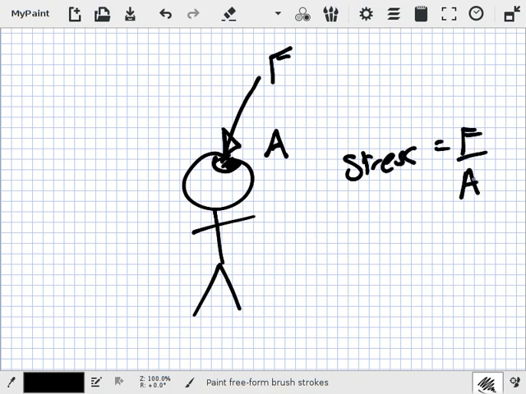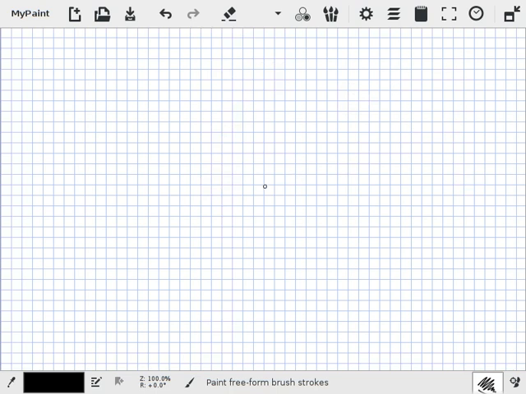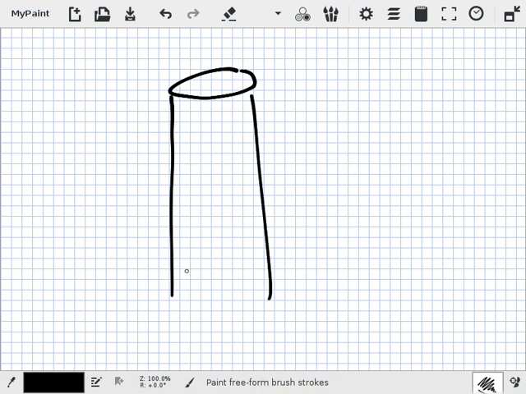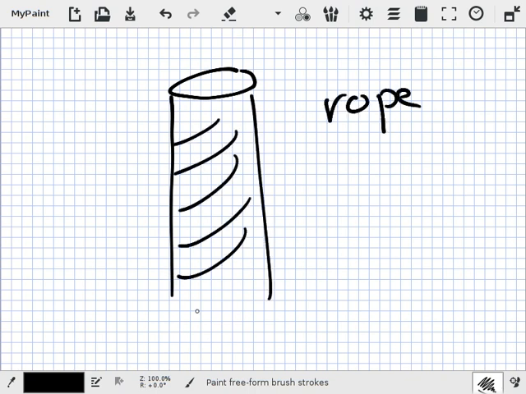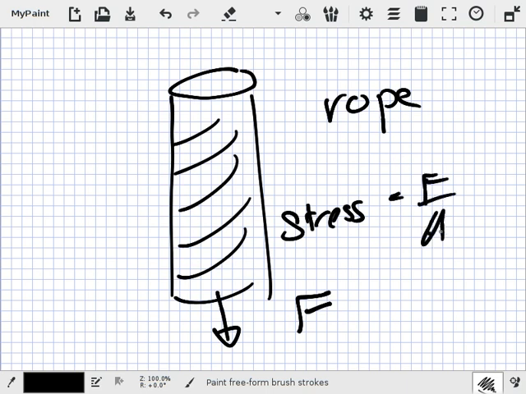I could do a better example, not a person's head. Say you had a rope. So this is a rope here, and maybe you have some force pulling down on it. The stress is the force over the area, and it's the cross-section area. So it's like this area.